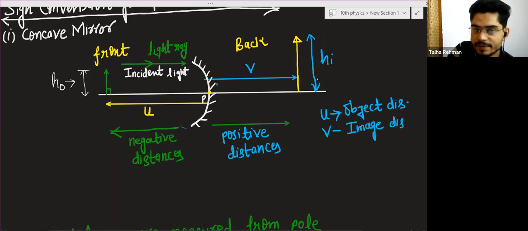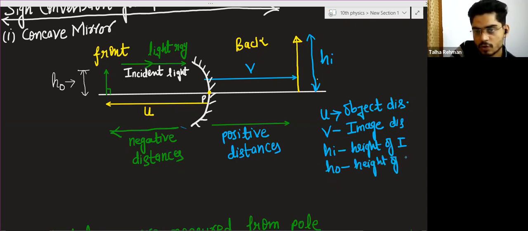And always I am taking the distances from the pole. hi is height of image. ho is height of object. O for object and I for image.